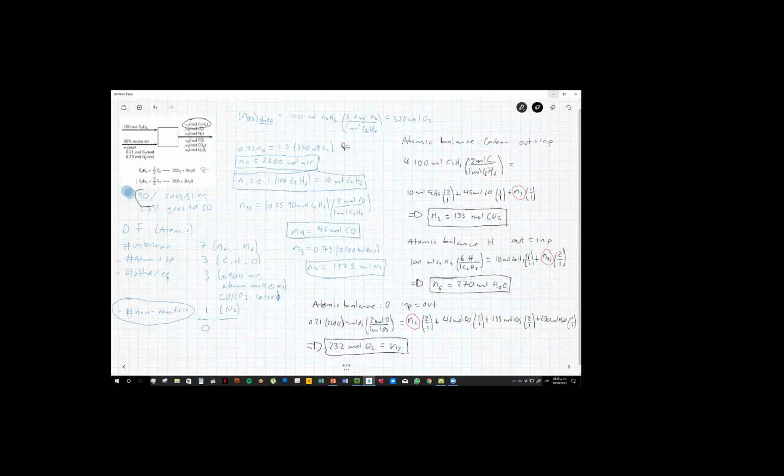We have a conversion of 90%, right? Okay. So 10% of the ethane didn't react. So that's why we are multiplying 0.1, that didn't react, by the amount that was in the inlet, 100 moles, and that gives us the 10 moles at the end. Okay, thank you. Any other questions, guys?